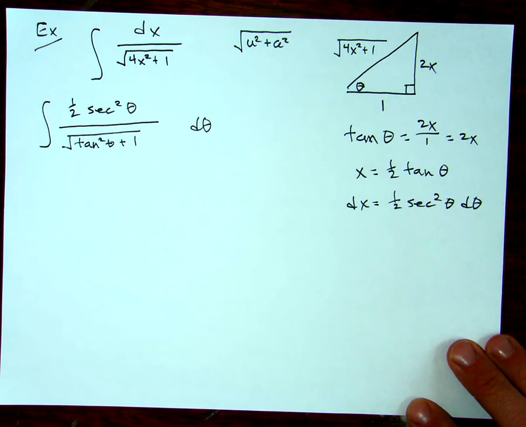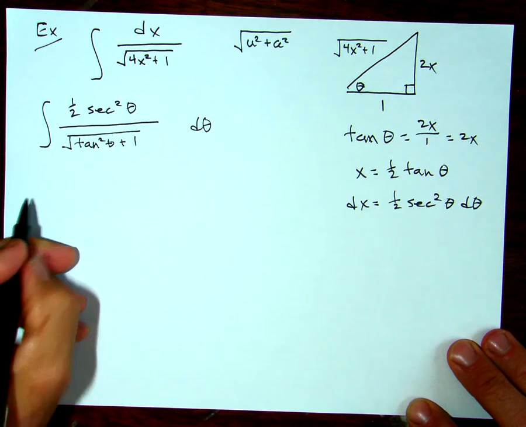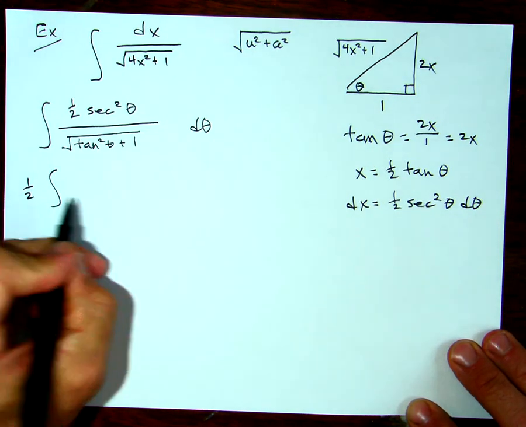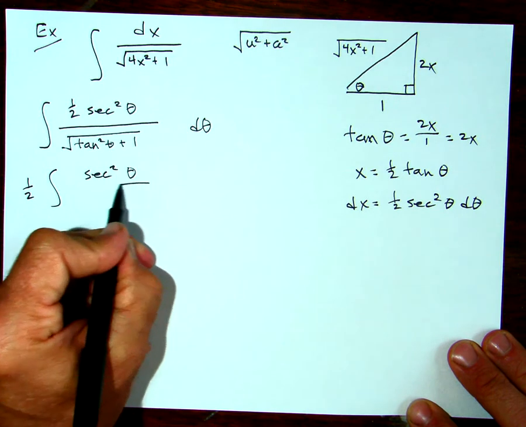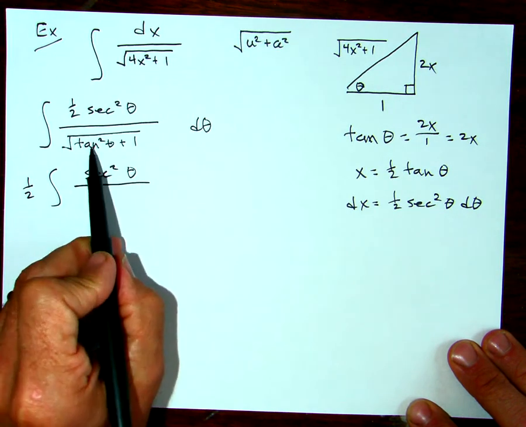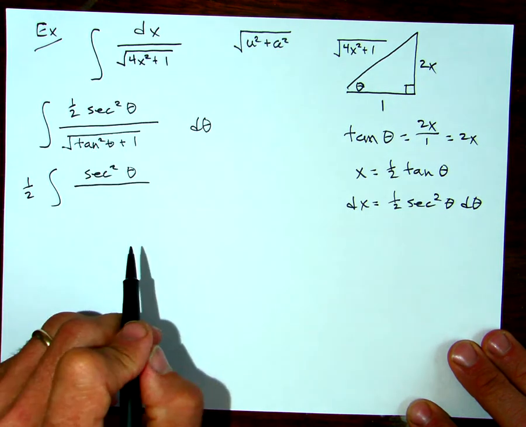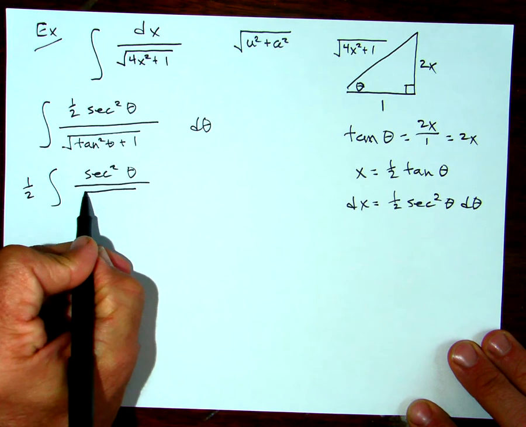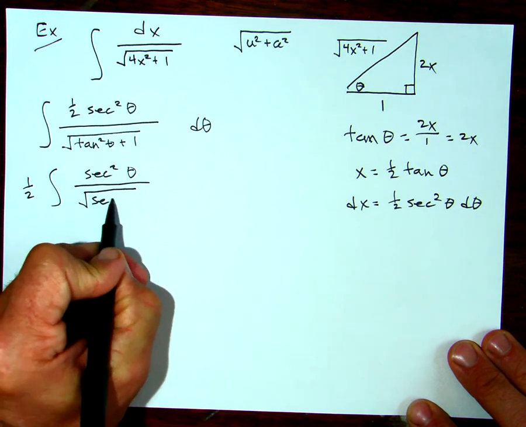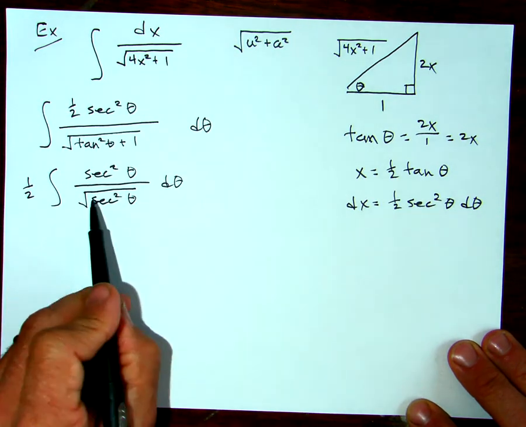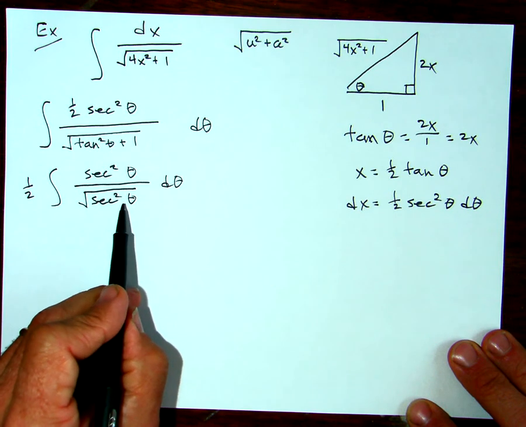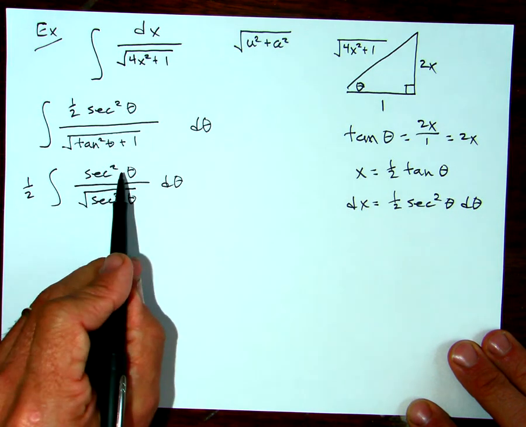So let's look at how we can simplify this. First, I'm going to bring the 1/2 out. Integral secant squared theta over, and recall that tangent squared plus 1 is secant squared. So that's over the square root of secant squared theta d theta. Well, the square root of secant squared is secant, and secant squared divided by secant is just secant.